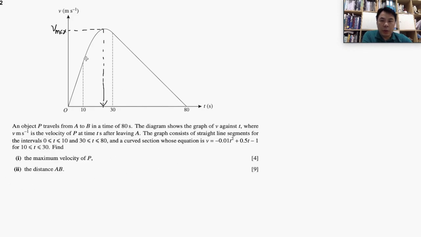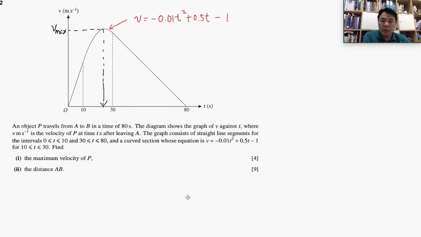So the equation that represents this section of the journey is given by v equals negative 0.01 t squared plus 0.5 t minus 1. We are trying to figure out the maximum from here.